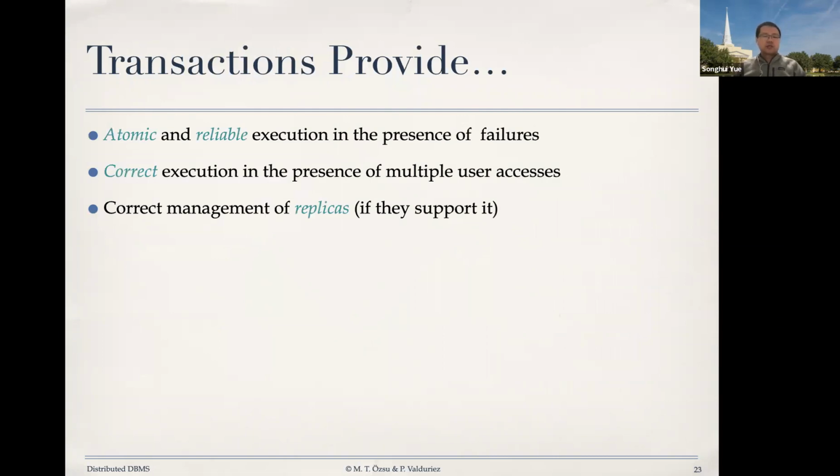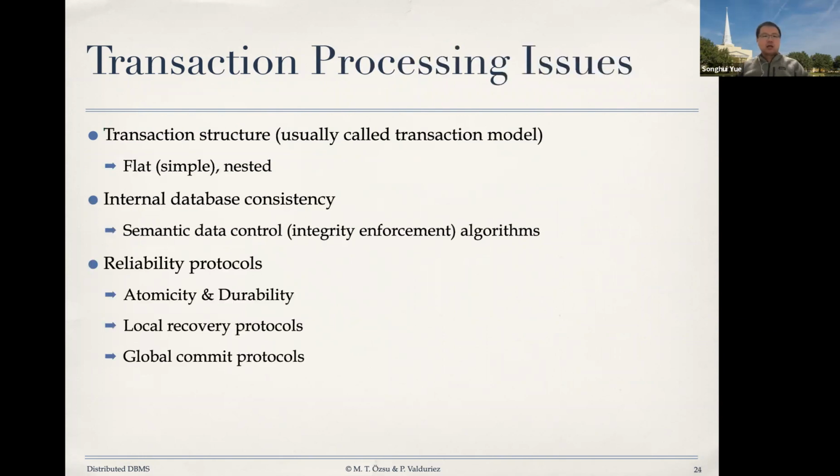In summary, transactions provide atomic and reliable execution in the presence of failures, correct execution in the presence of multiple user accesses, and correct management of replicas, if they support it. We will talk about replicas later in the following weeks.